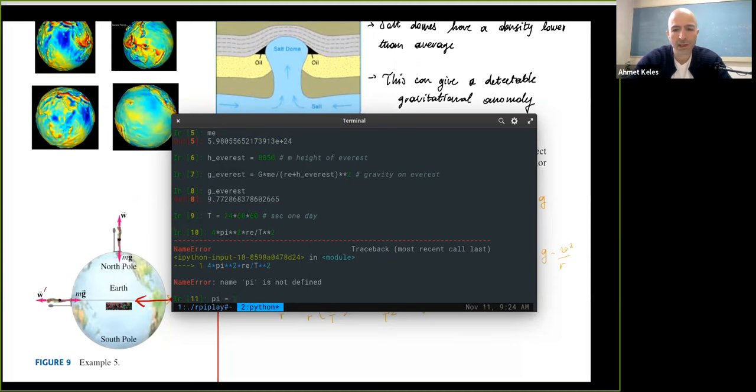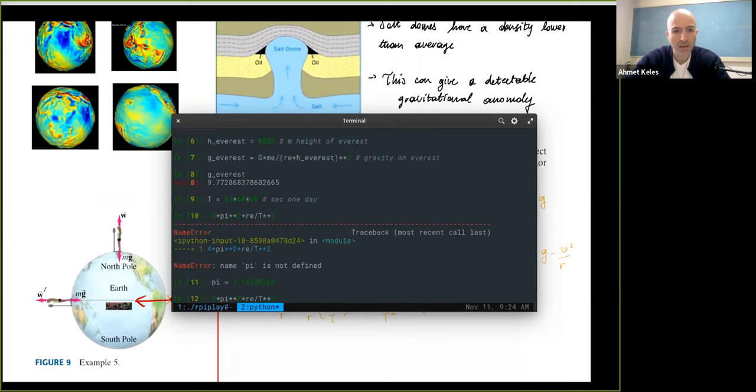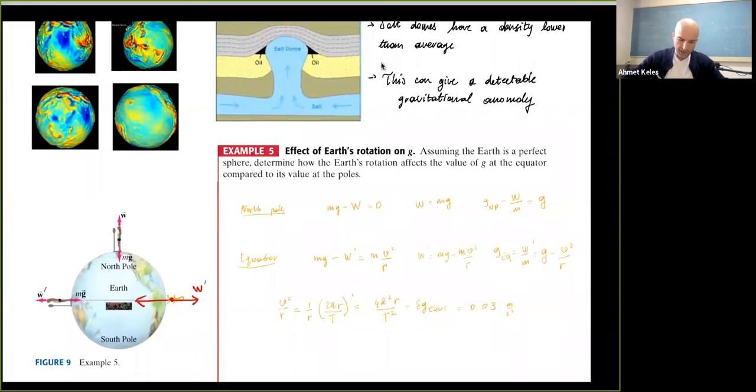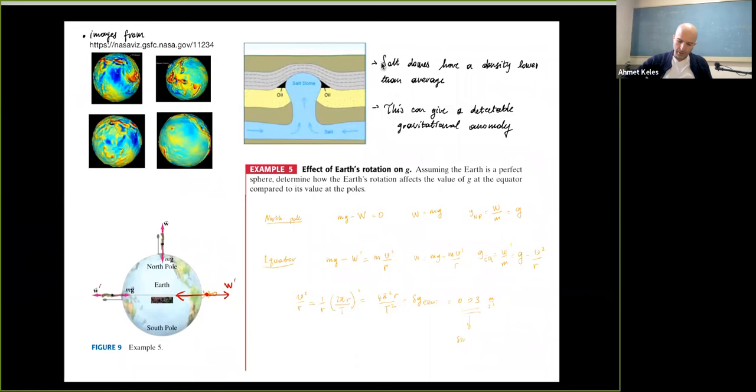Pi is 3.14159265, something like that. And this guy, okay, good. So what this means is like 3 parts in 1,000, right? Different. Just a tiny difference, but it is actually a non-negligible difference. Maybe I can write smaller g around the equator. What did we assign W to?